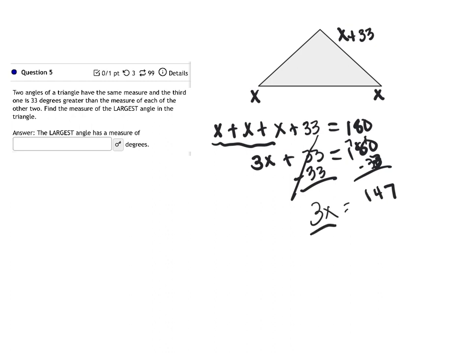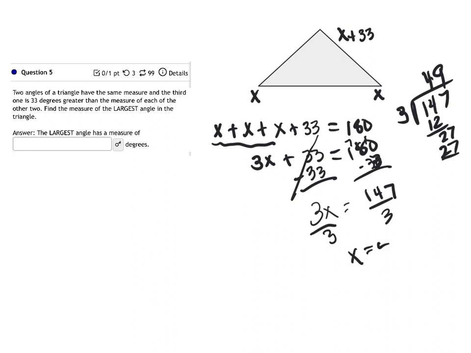Now we're going to divide both sides by 3. So we'll go over here. 3 into 147. 3 will go into 14 4 times. That's 12. 27. 3 goes into 27 9 times. So x equals 49. Now they're asking for the measure of the largest. So this angle right here is 49 degrees.